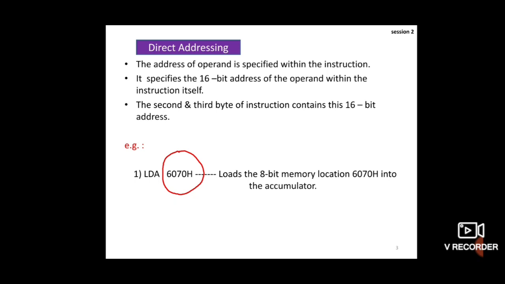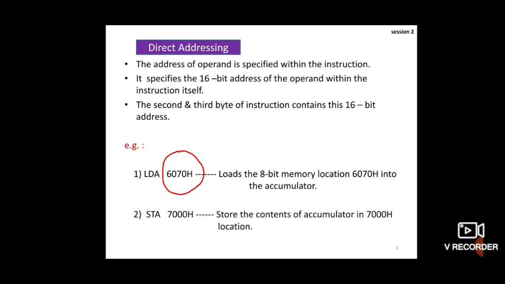How much data is stored there in the 8085 microprocessor? Only 8-bit data, because the 8085 processes only 8-bit data. In this LDA 6070 instruction, an address is specified, so this instruction is direct addressing.